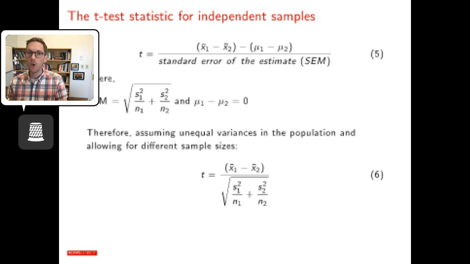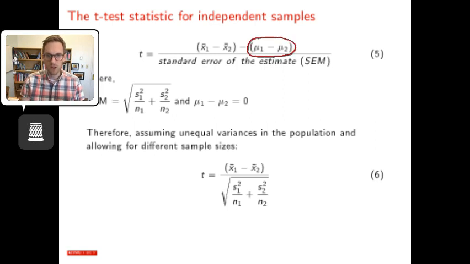Now, we just talked about our assumption that the null hypothesis is 0, that there's no difference in the population. Okay, so this mu sub 1 and mu sub 2, if you look down here, we're going to assume that that equals 0. Okay, that there is no difference. But then the denominator, if you remember, has always had something around standard deviation and sample size, right? So it's similar here.